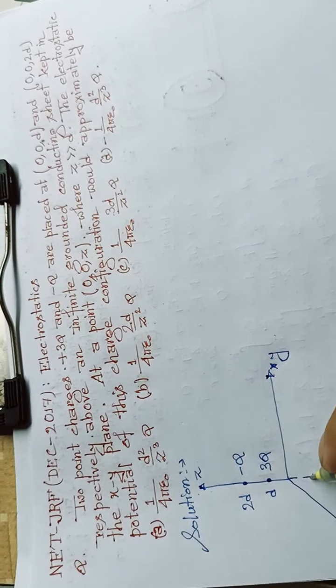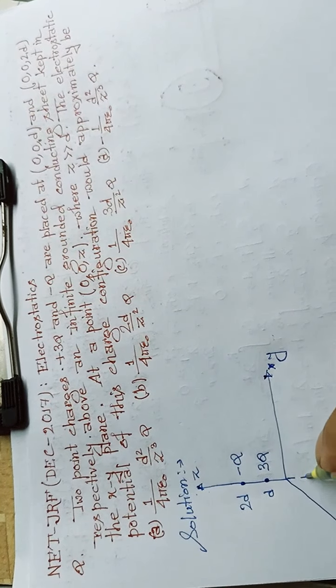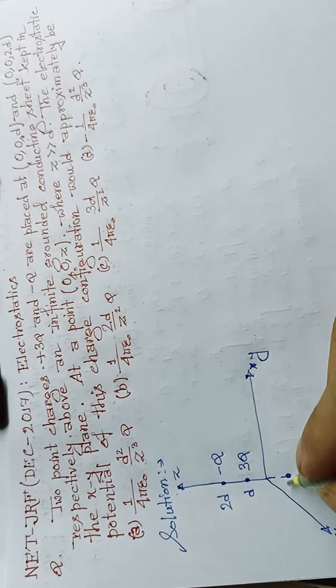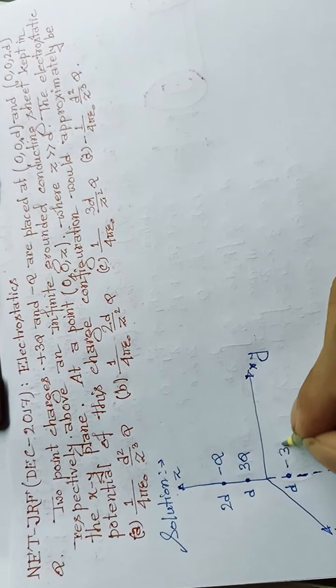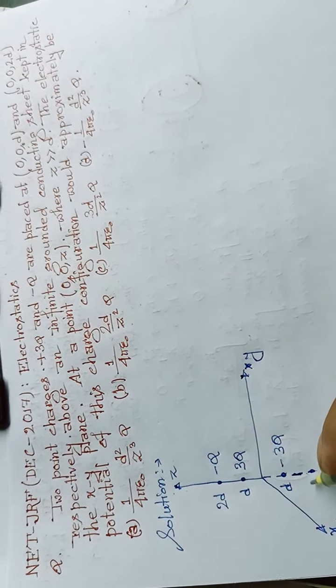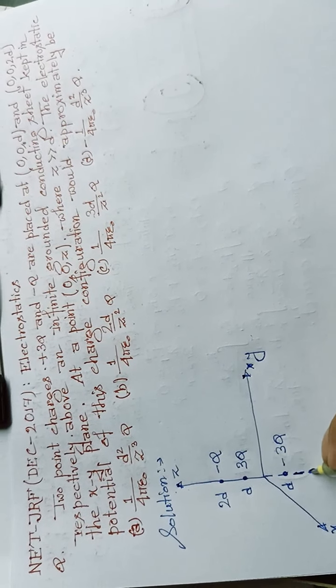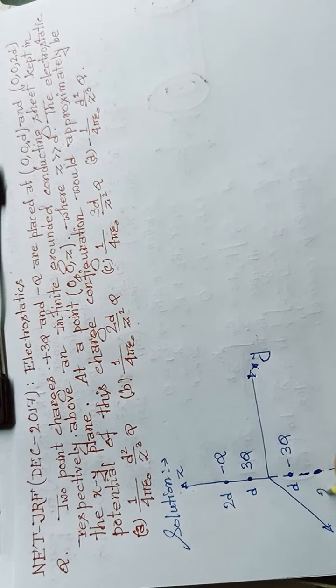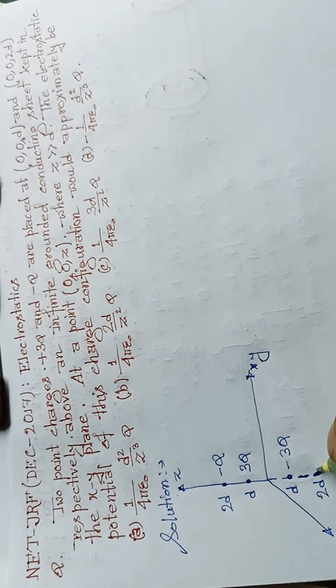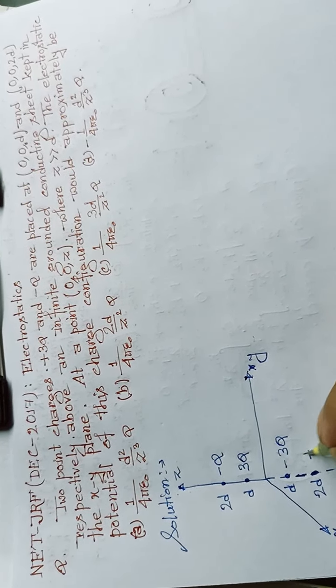Again, there is a particle placed at distance d with charge -3q, which is the image charge, and again there is a particle placed at negative distance -2d with charge +q.